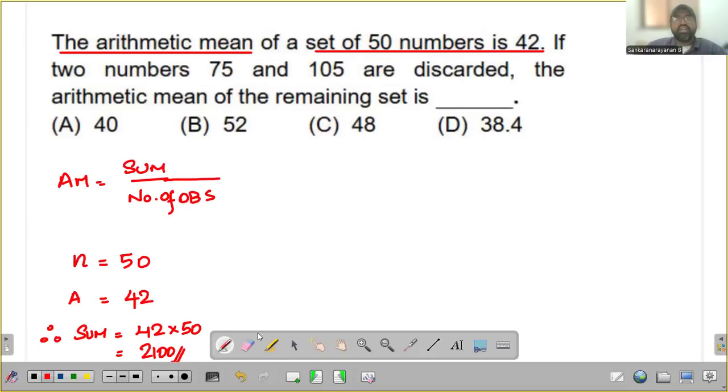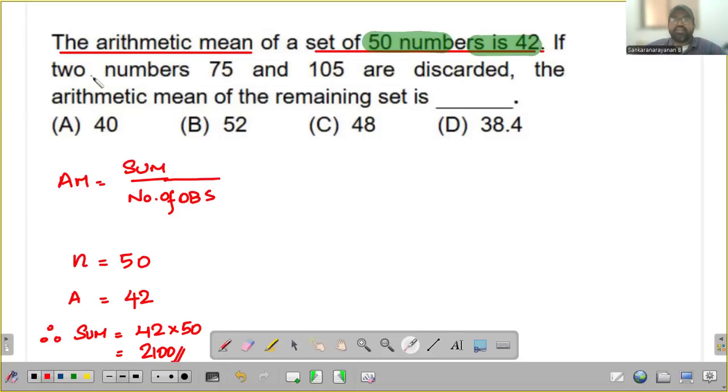So this is the total. Okay, sum of observations you got. Now what is happening?